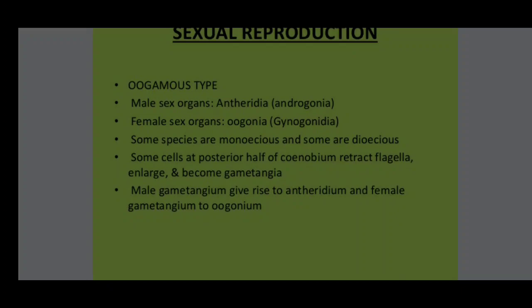In the matured coenobium, some cells at the posterior half of the coenobium retract their flagella, enlarge and become gametangia. You remember that. Some cells retract and withdraw their flagella and enlarge.